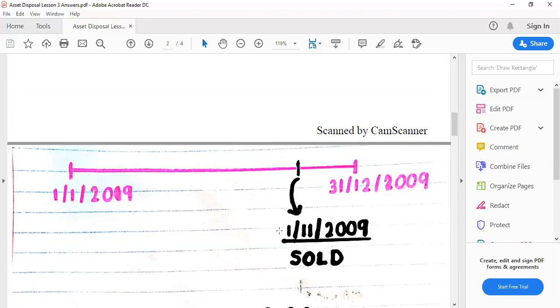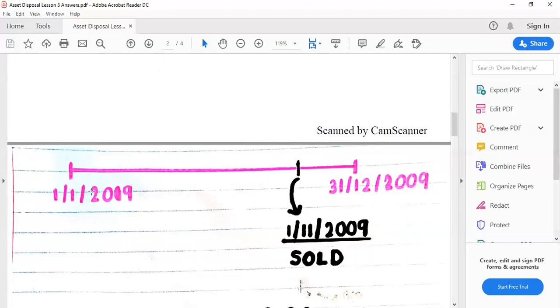Okay, if you count them on your fingers from January to October, so it's January, February, March, April, May, June, July, August, September, October. We don't count November because of this date here. So it's as if we sold it on the 31st of October. So essentially, it was only in use for the business for 10 months.